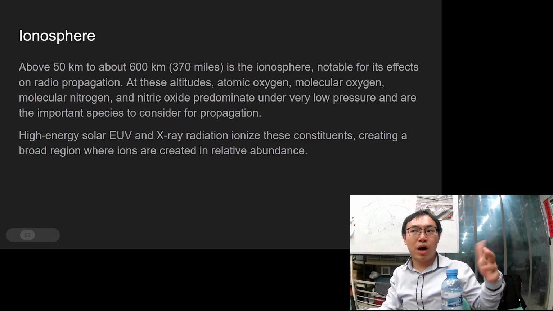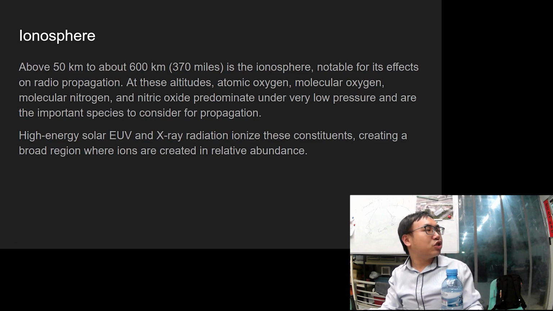So the next sentence is very important, it helps you to understand why it is called ionosphere. The higher energy UV light and X-ray help ionize all these molecules. Okay.